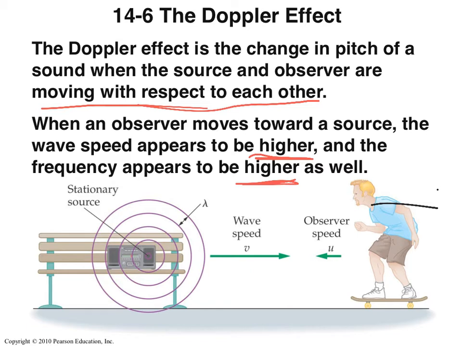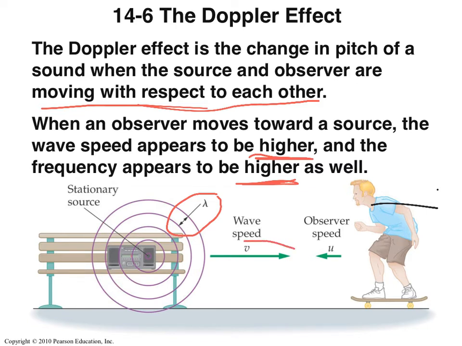So if we think about the Doppler effect, we're also thinking about when we hear a siren. As a siren comes toward us, it actually feels like it's higher than it is when it's moving away from us. So let's look a little bit with the math of why this happens. Now, before we do that, remember that this wavelength is the known wavelength of the source that is creating that sound.